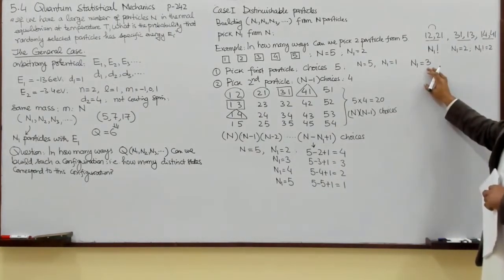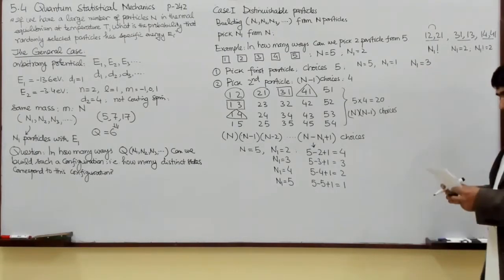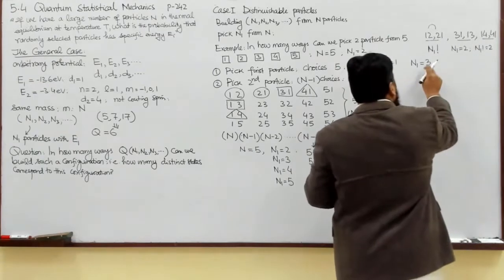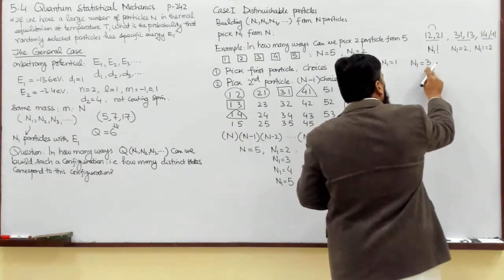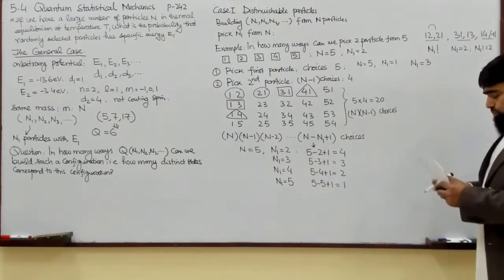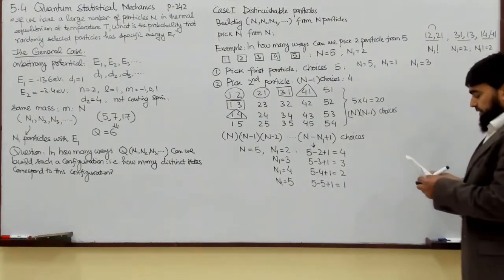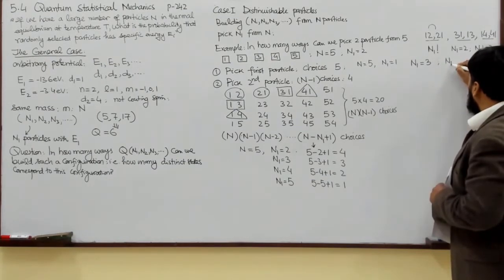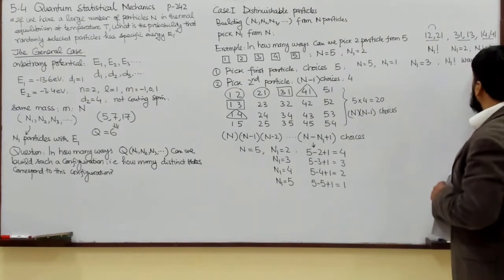And what will be the number of ways now? So if I just want to pick n1 equal to 3 particles, then the same configuration can be built in n1 factorial ways.